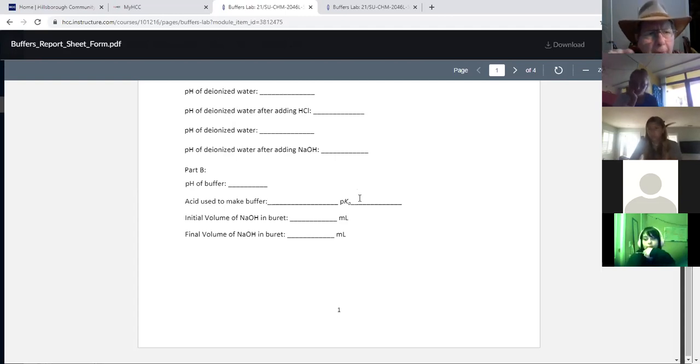You're going to use that modified equation to determine how many milliliters of strong base you need to add to make your buffer of that pH. Then you're going to use the simulation to determine how far off you are. Does that make sense about part B? Does that make sense, guys? So let's get into the simulation.